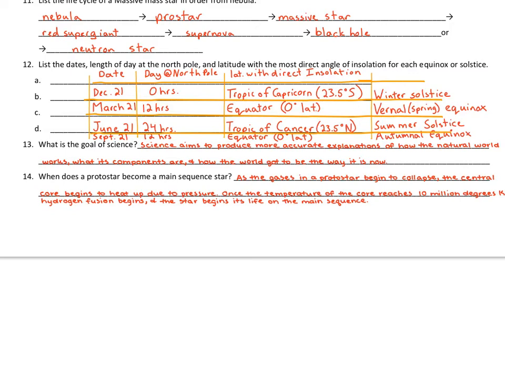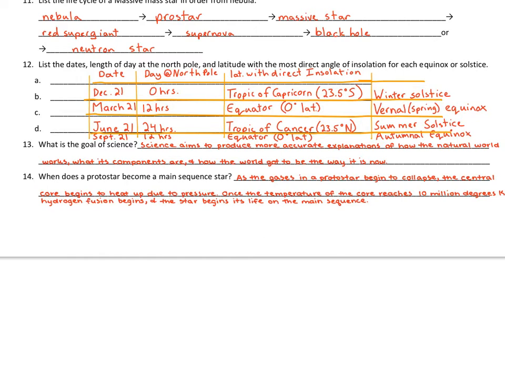It's complete darkness. The sun's most direct angle of insolation is going to be at the Tropic of Capricorn, 23.5 degrees south latitude. So the majority of the sun's hitting in the southern hemisphere, which is why they like that time of the year and why we are going to experience the colder season up here in the northern hemisphere.